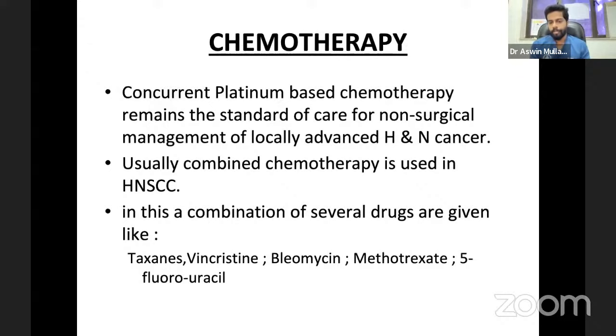Some reviews reveal that it doesn't have any therapeutic value, it is just a kind of placebo, so we don't have much evidence for standardizing that. So mostly chemotherapy will be either adjuvant along with concurrent radiation, or neoadjuvant before the surgery, in order to prepare the patient with advanced head and neck tumors.